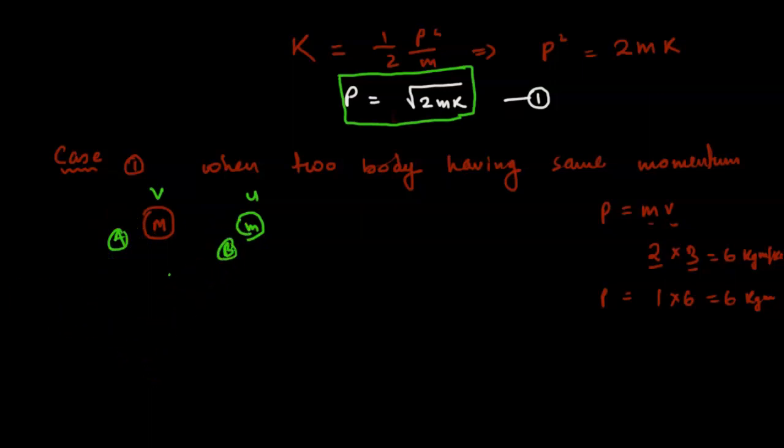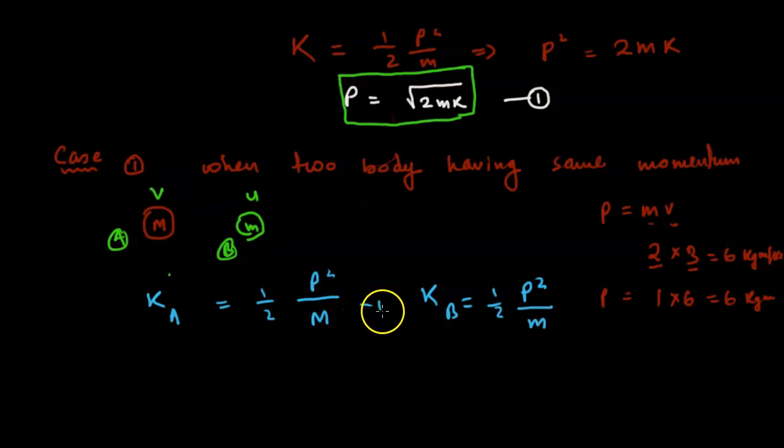So we can write the kinetic energy of body A as half P square upon M, because the momentum is the same, where M is the mass of body A. And we can write the kinetic energy of body B as half P square upon m, because the momentum is the same, and the mass is small m because it is the kinetic energy of the smaller body.